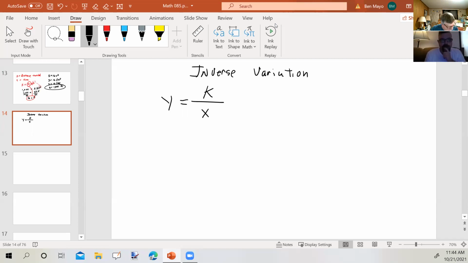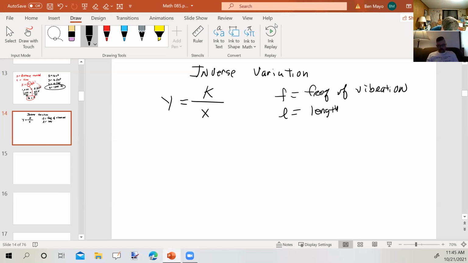The frequency of vibration of air in an organ pipe varies inversely to the length of the pipe. All right, so F is going to equal the frequency of vibration, and L is going to equal the length of the organ pipe.